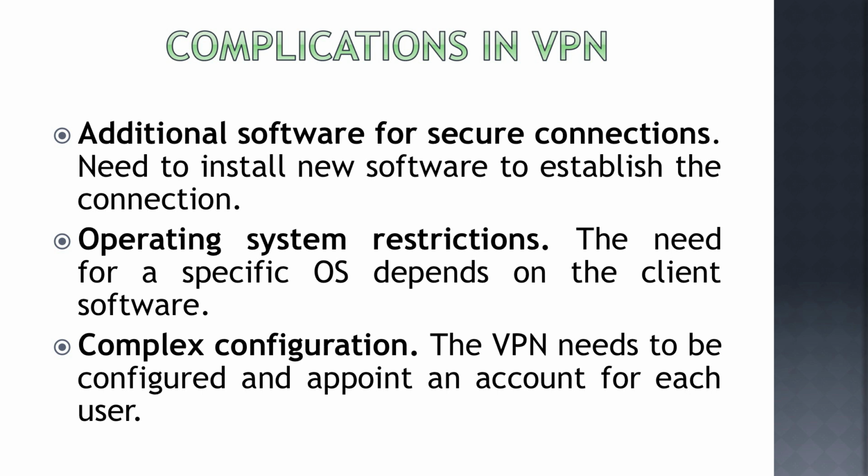Then there are certain operating system restrictions. You need a specific operating system, depending upon the client software. Then there are some complex configurations which need to be done for a VPN. For having a VPN on the systems, the VPN needs to be configured with an account for each user.